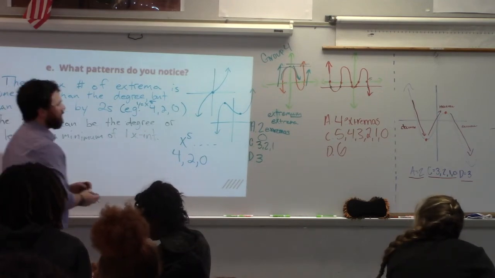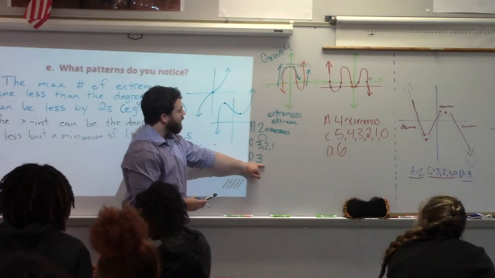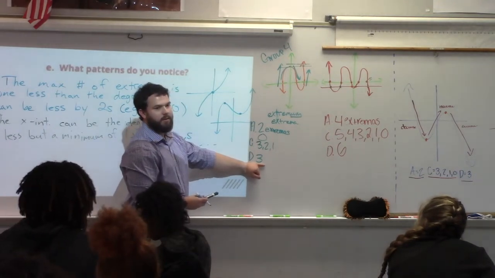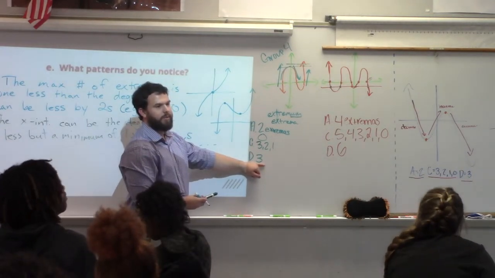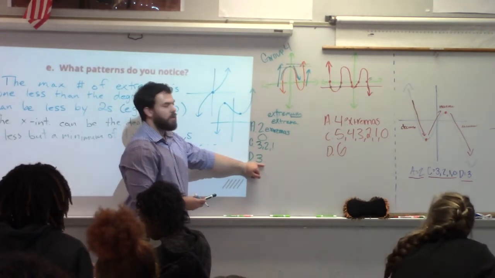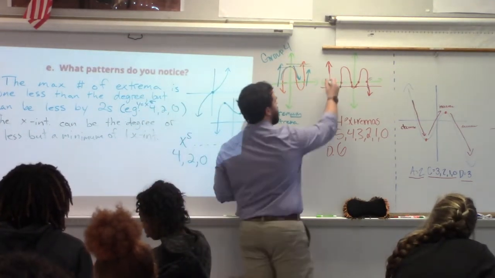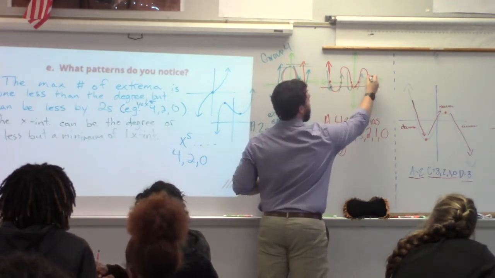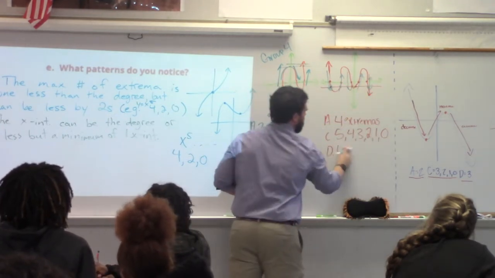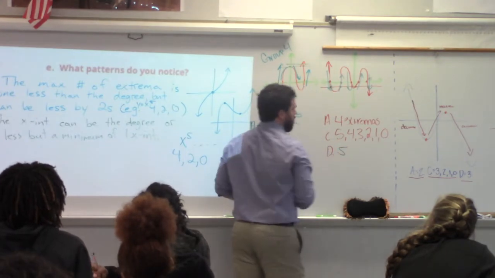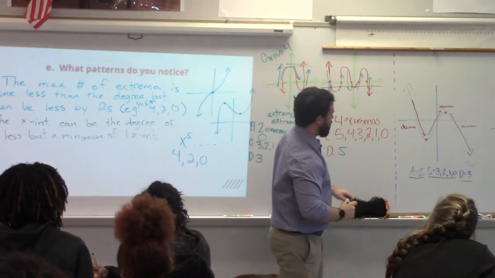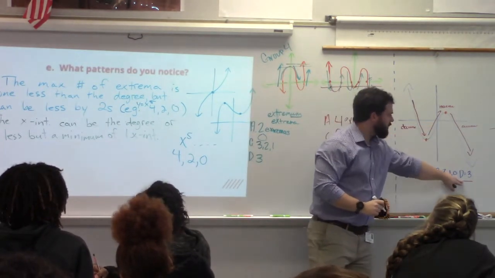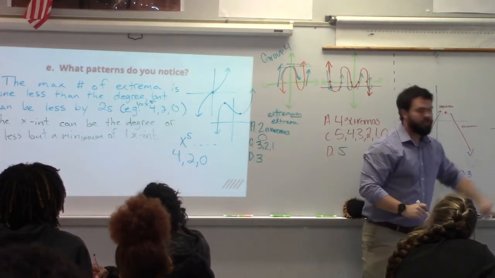When we look at D, this group said that there are 3 intervals of increase and decrease. Over here, I do want to check this one. I see 1, 2, 3, 4, 5. I missed that. Here we have 3 intervals of increase and decrease.